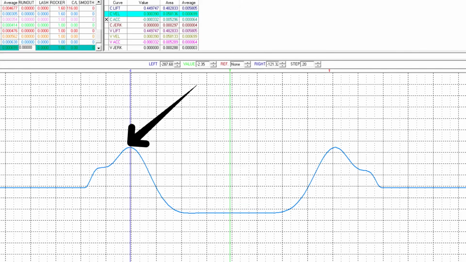If a lobe has too much acceleration for your valve train system, your mass, your spring load, that's when the system's going to come unglued, generally. So you come up to peak acceleration and then you go down. And a lot of times, if you see the graph, here is peak acceleration, and then down here is peak negative acceleration. So we got peak positive, peak negative.